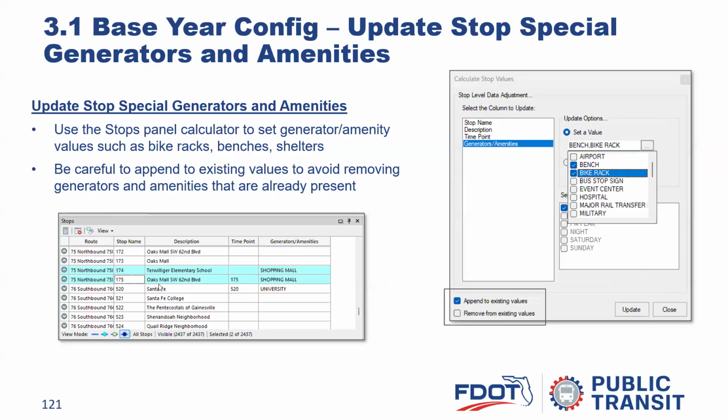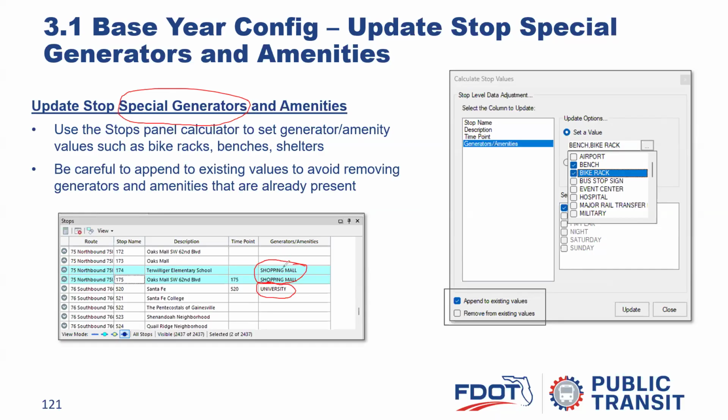Okay, the other item that we need to take a look at when we're updating our base year configuration is special generators and amenities. Now, these have multiple reasons to do this, and they're related to both the modeling and ridership estimation, which serves as the special generators part of this, where there is some sensitivity to setting a shopping mall at a stop or a university at a stop, because there is some extra demand there for ridership.